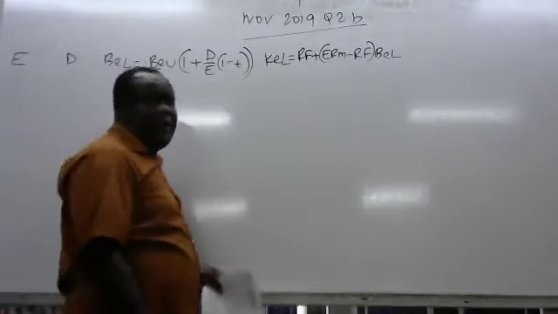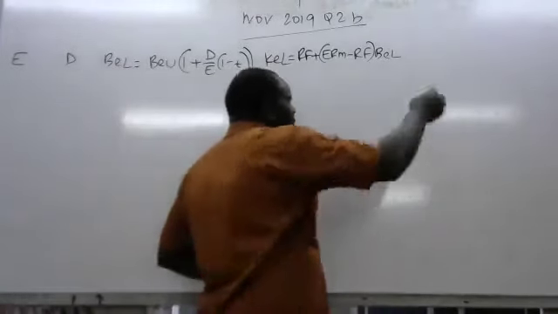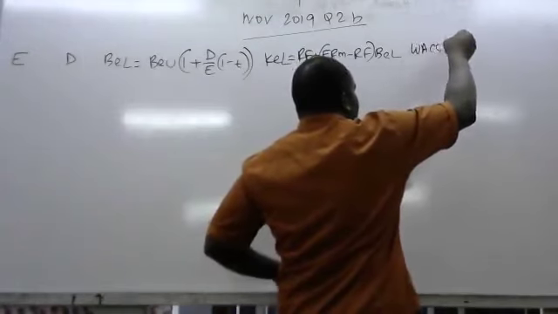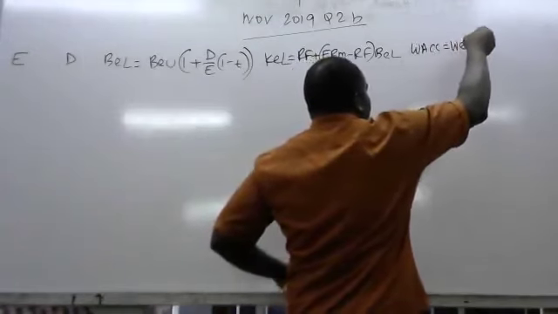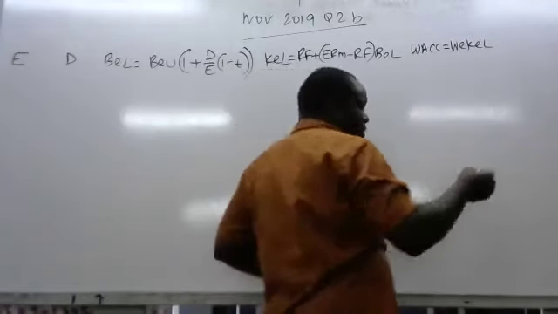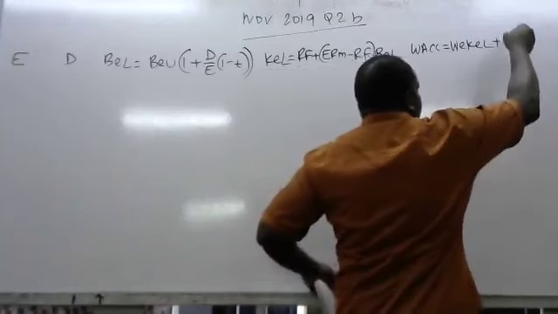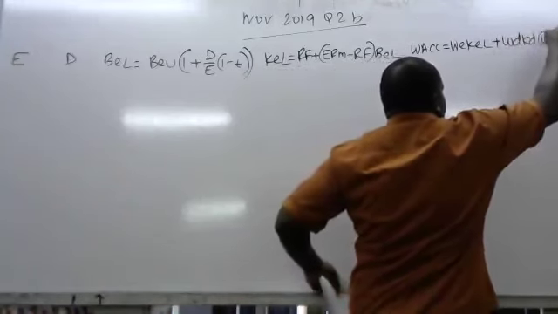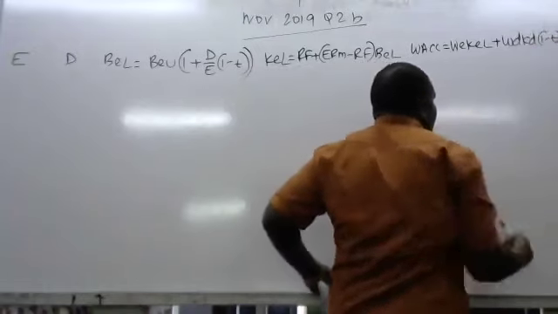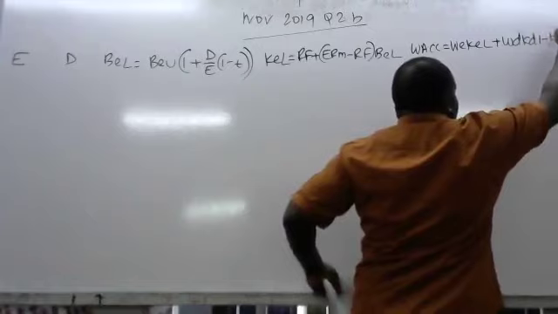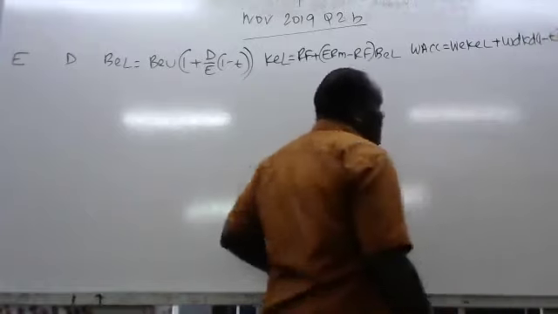Then after that, we come up with the WACC. For WACC, we get the weight of equity times the cost of equity for the levered firm, then we also add the weight of the debt times KD, and the KD must always be after tax.